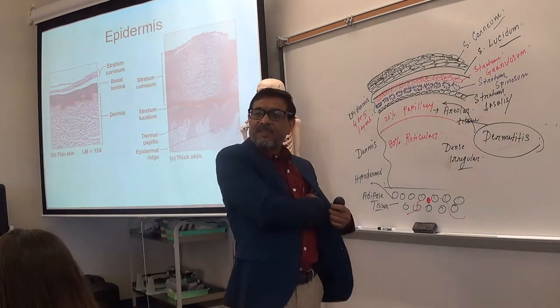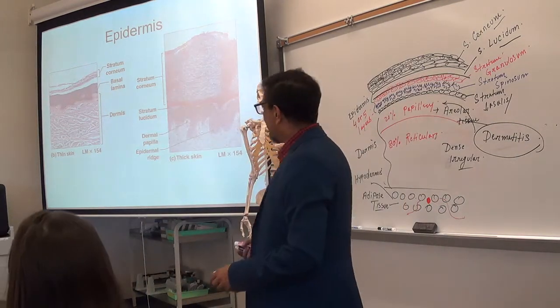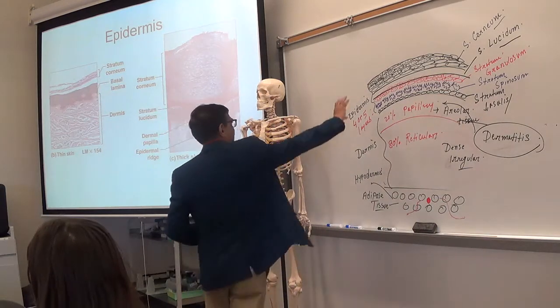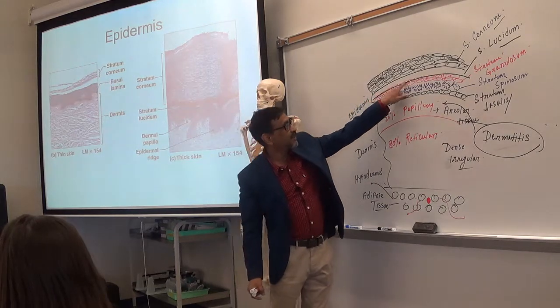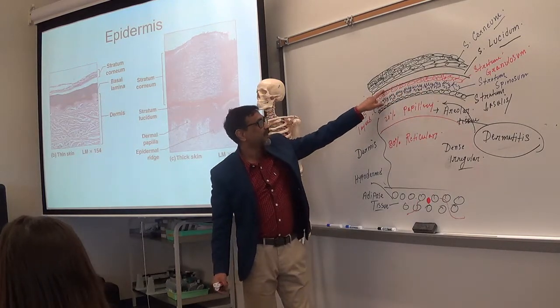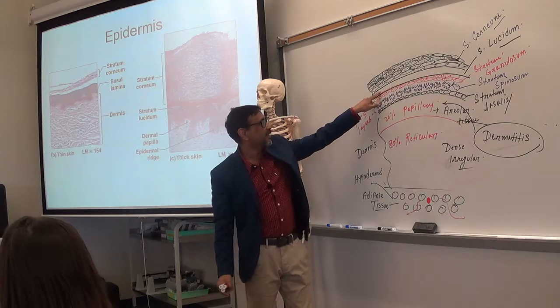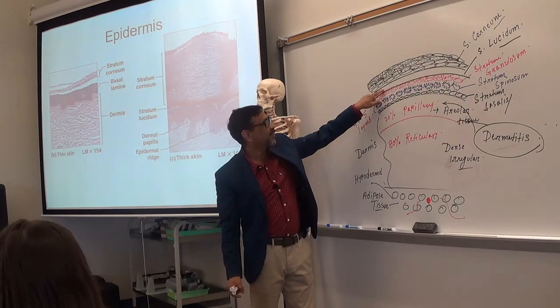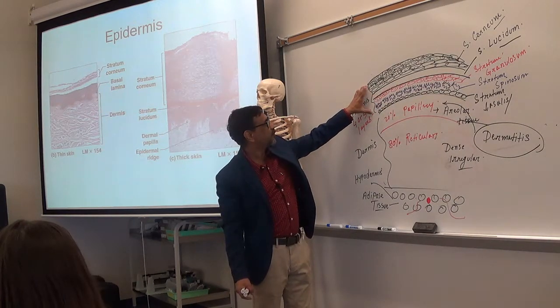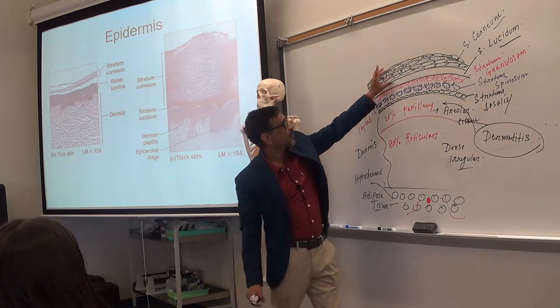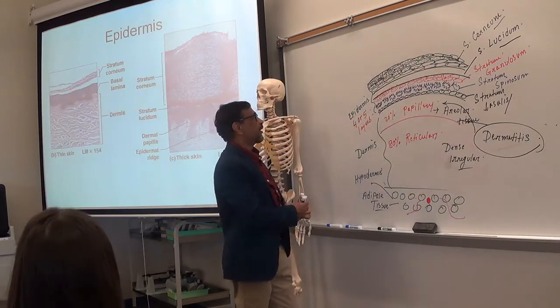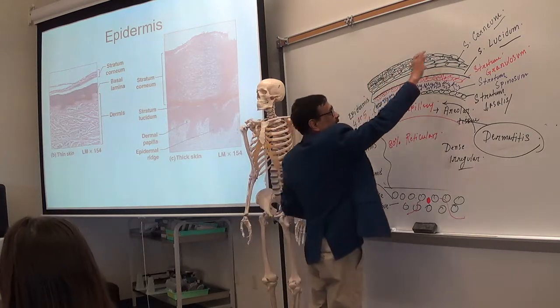Thickness of the thick skin is mainly given by the stratum corneum. Remember, although lucidum is only present in thick skin and absent in thin skin, it doesn't have anything to do with the thickness of the skin. Thickness of the skin is given by the corneum. In thin skin, the corneum is thin.